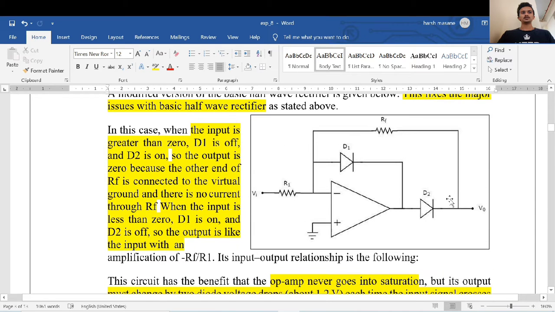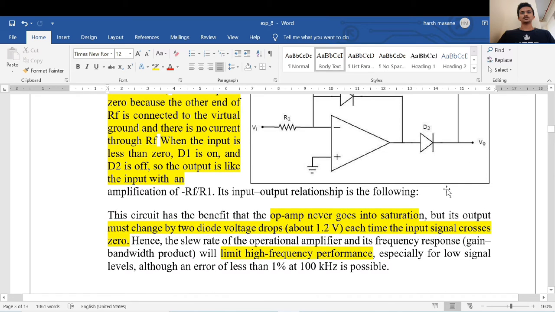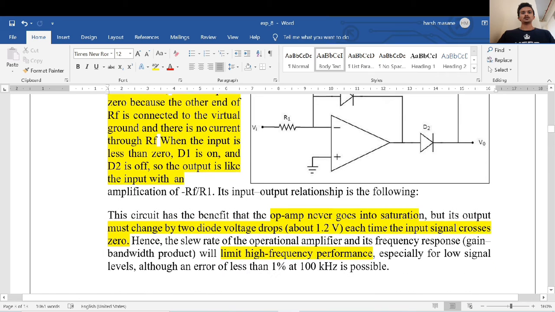And when the input is less than 0, the negative half cycle, the diode D1 is on and D2 is off. So the output is the amplification of RF by R1. So at the output we get the positive cycle in the inverting fashion.